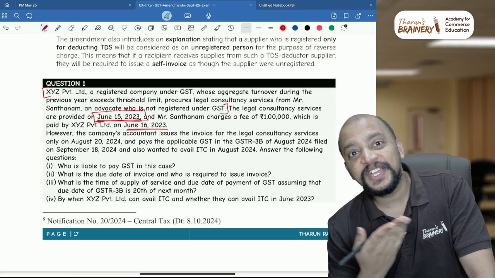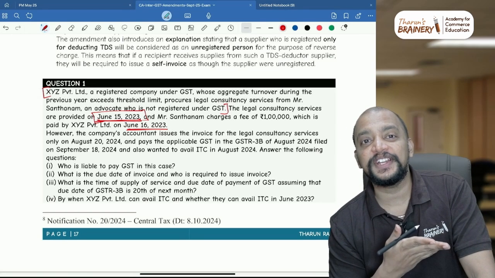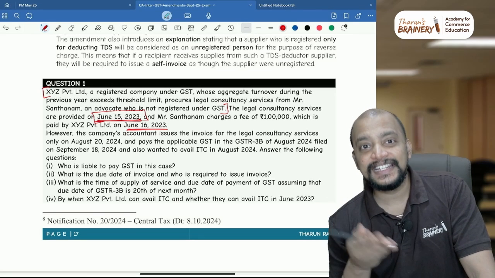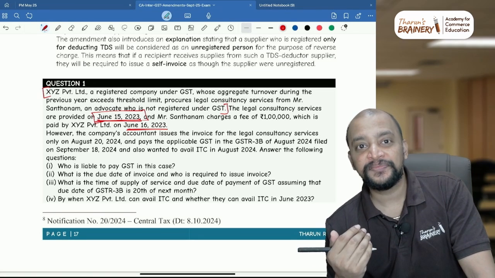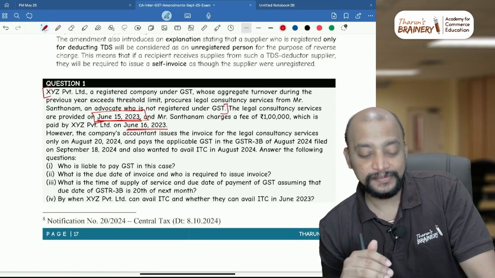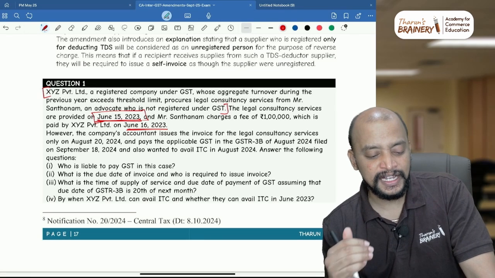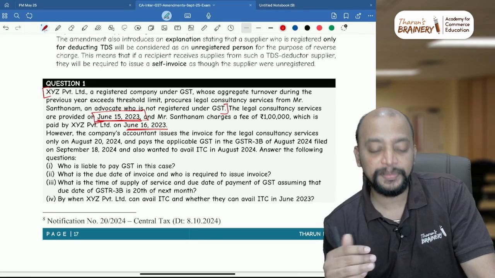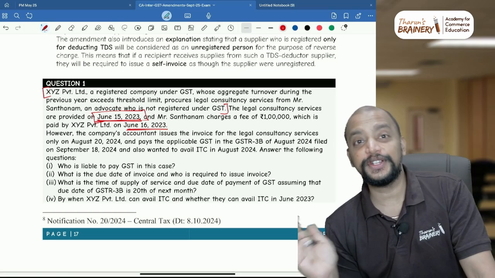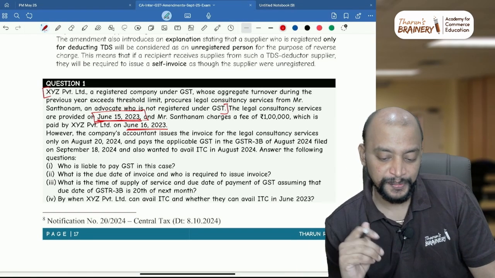When should it be given? Within 30 days, that is July 15, 2023 it should be given. Next year he is giving the invoice leisurely, okay, and pays the applicable GST in 3B of August 2024 filed on September 18, 2024, and wants to avail ITC in August 2024.